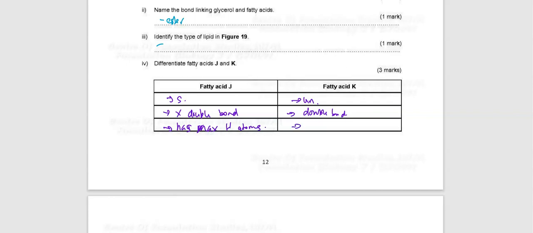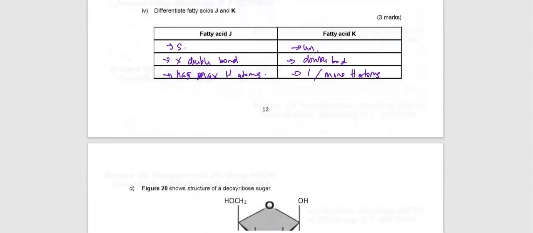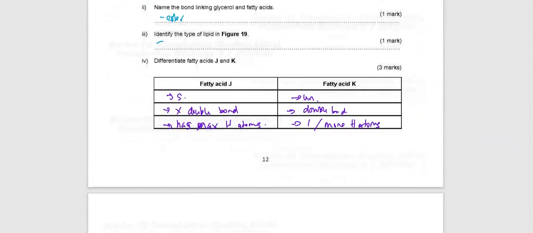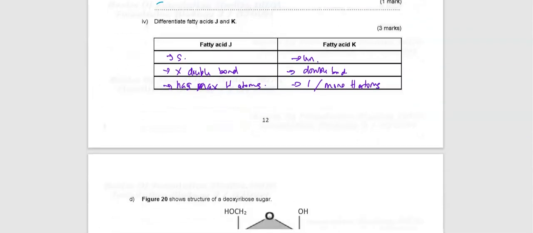And as for fatty acid K, one or more hydrogen atoms can be added to the carbons in the structure of the fatty acid. So those are the differences that you can write between J and K.